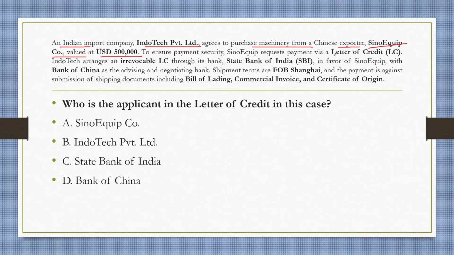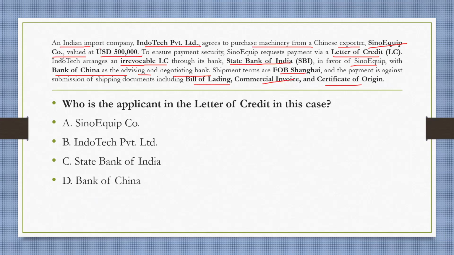For ensuring payment, he is asking for an LC, and that is also irrevocable, from its bank, that is SBI, in favor of Sino Equip, with Bank of China as advising and negotiating bank. The shipment terms are FOB Shanghai and payment is against submission of documents: bill of lading, commercial invoice and certificate of origin. So this is a basic format of a foreign LC dealing that you should remember.